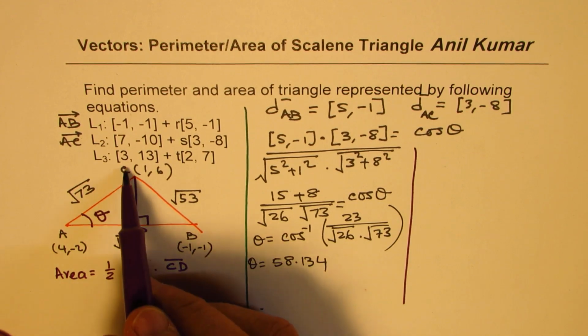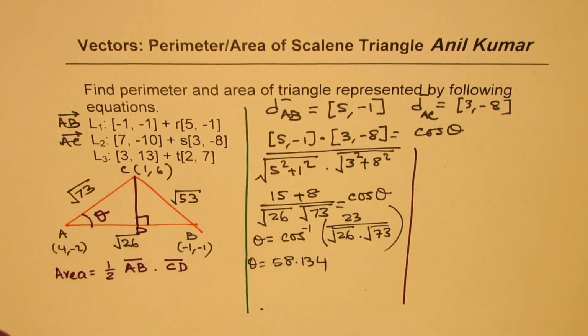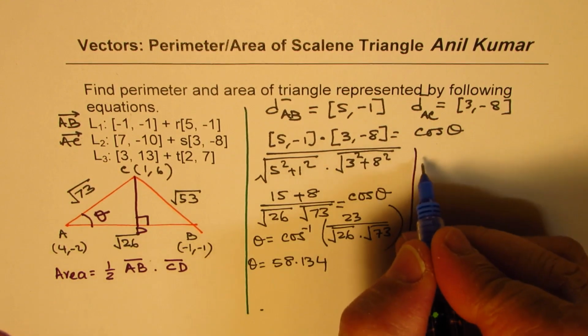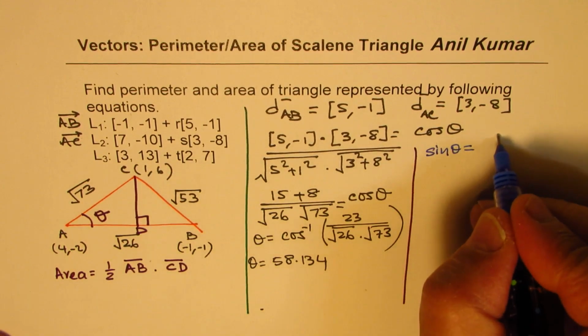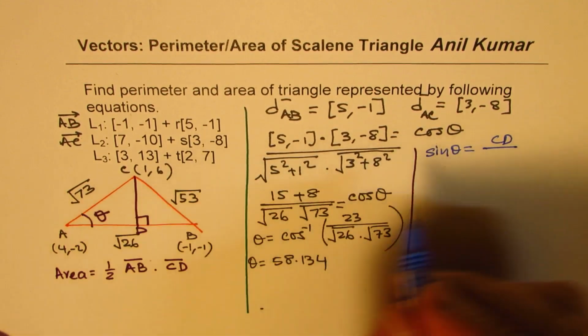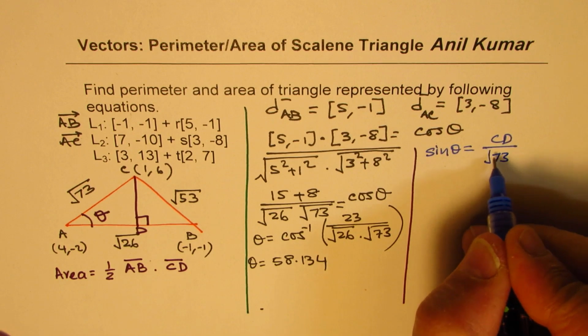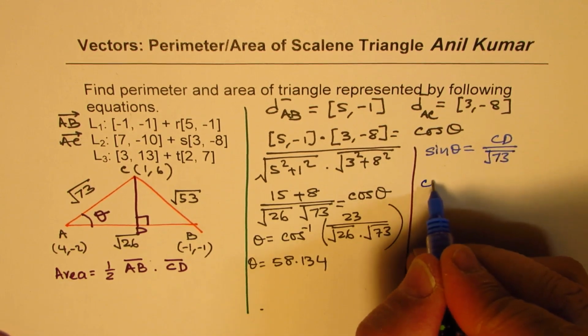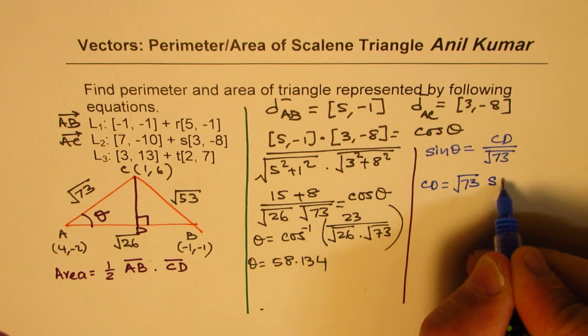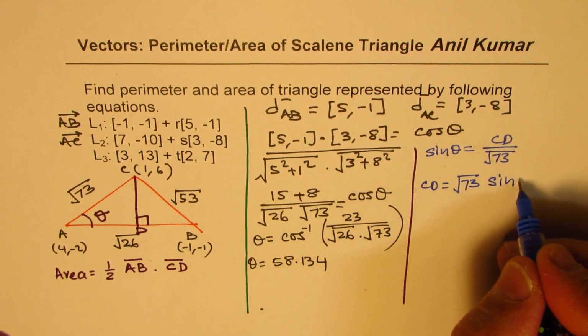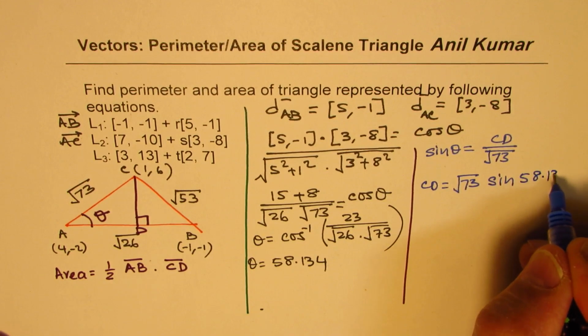Now from here we can find CD, right? So what is sine of theta equal to? Sine of theta is the opposite side CD over the hypotenuse, which is square root of 73. So CD is equal to square root of 73 times sine of angle theta, which is 58.134.